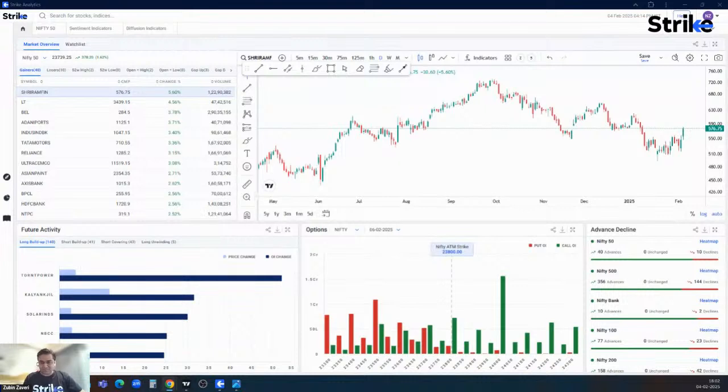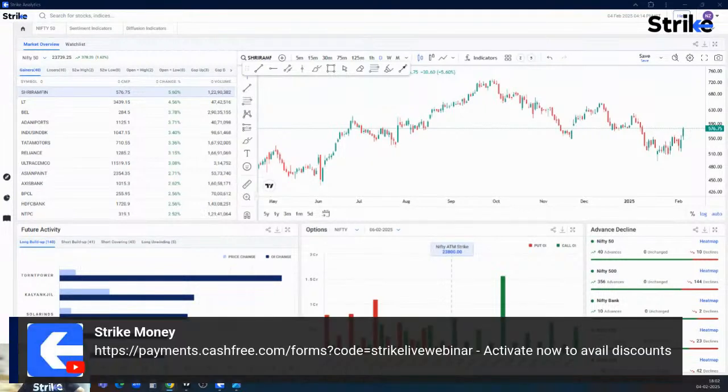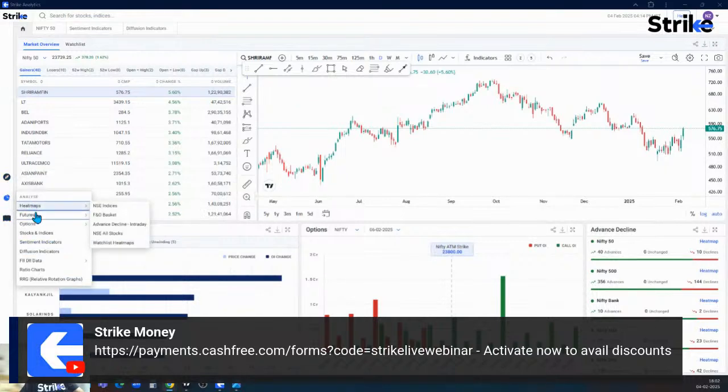All right. So, my friends, let's look at this particular screen. This screen is the homepage of web.strike.money. All right. And on the left hand side, we especially have these three buttons over here: one, two, and three. And in the second button, we have the fifth option, sentiment indicators.